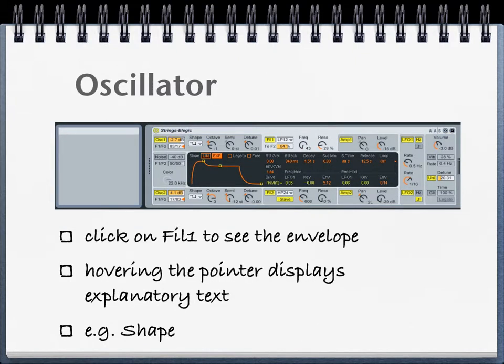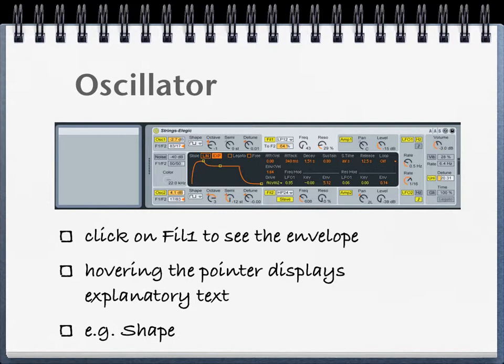The oscillator produces a signal. If you click on fill 1, for example, you'll see an envelope. If you go to oscillator 1 and click on it, then you can change some of the parameters.